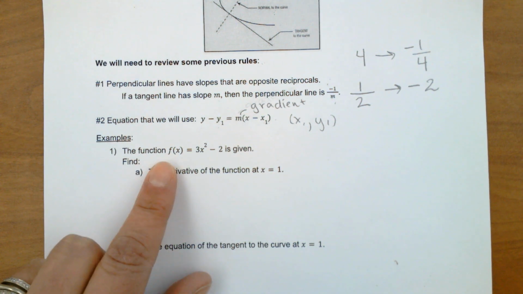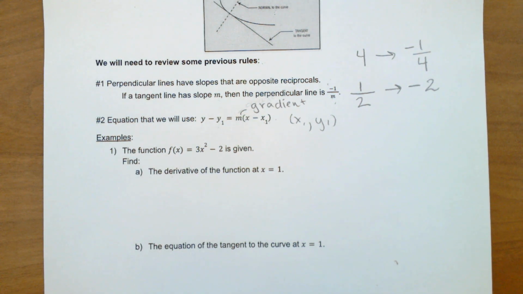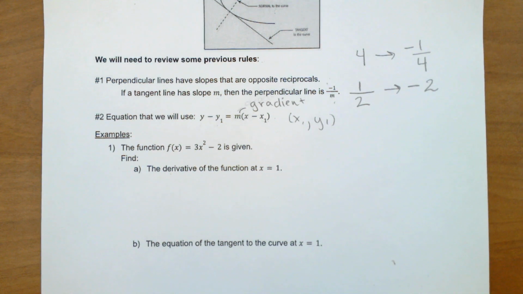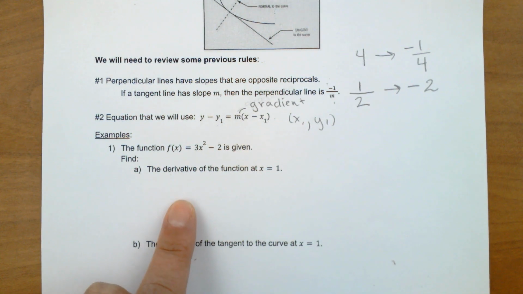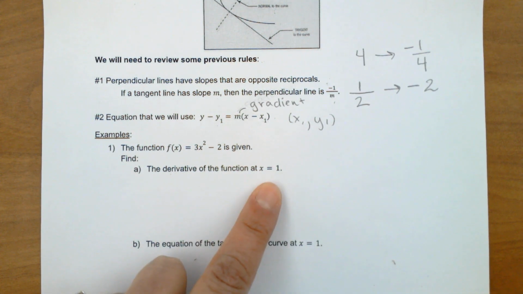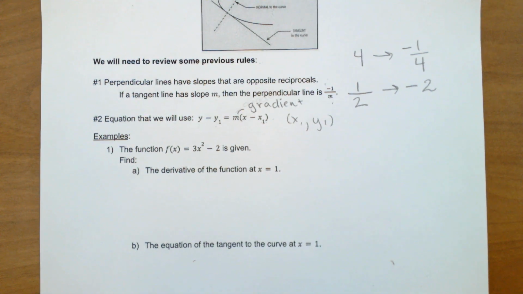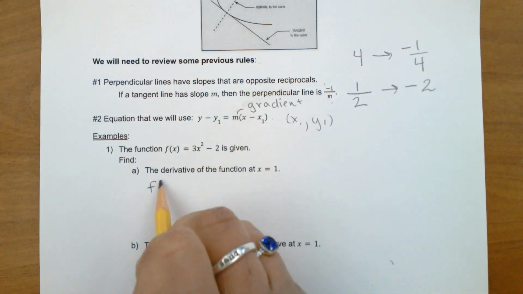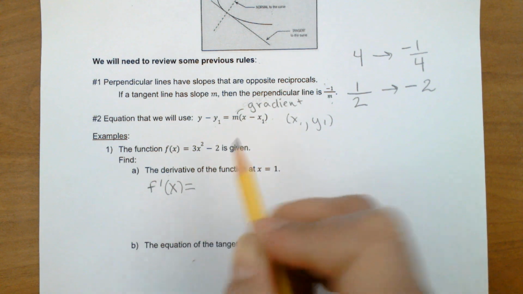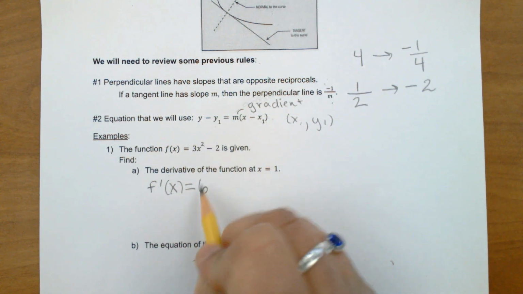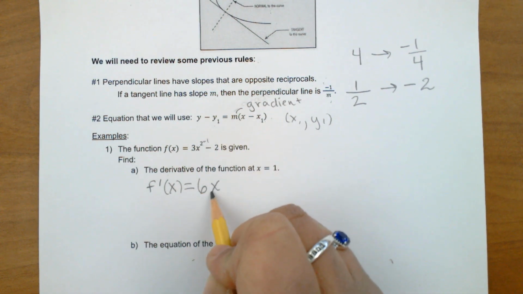Number 1, the function f of x equals 3x squared minus 2 is given. We need to find, in part A, the derivative of the function at x equals 1. So first we have to take the derivative. So f prime of x equals 2 times 3 is 6, 2 minus 1 is x.